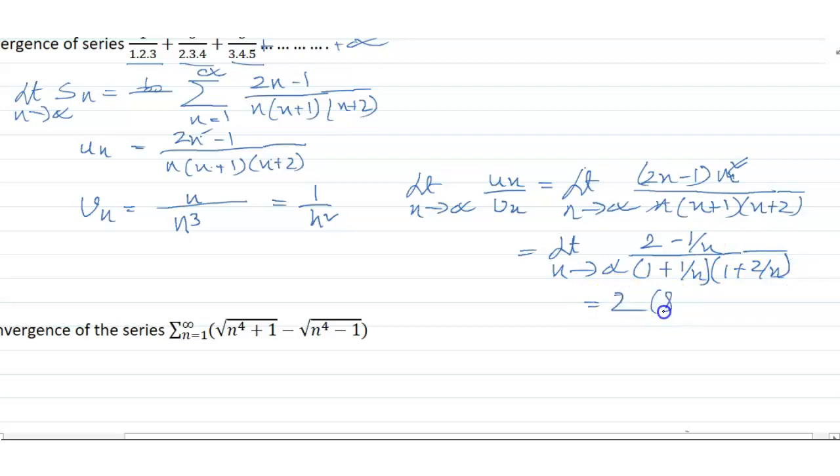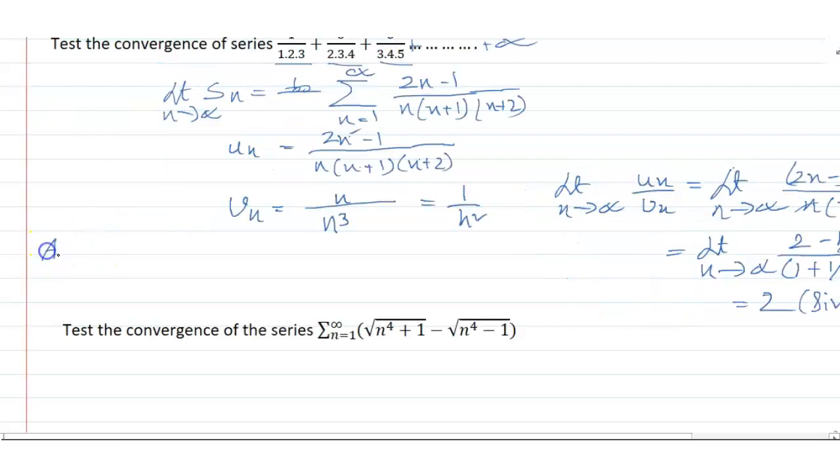So it is a finite term, and summation Vn is convergent, because p greater than 1. So summation Un is convergent.